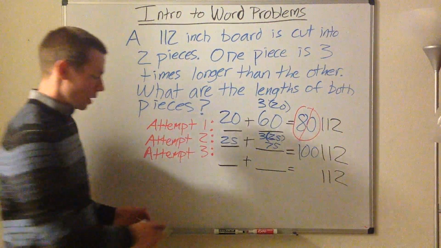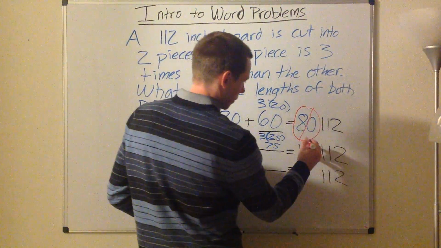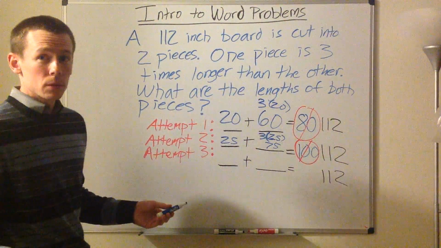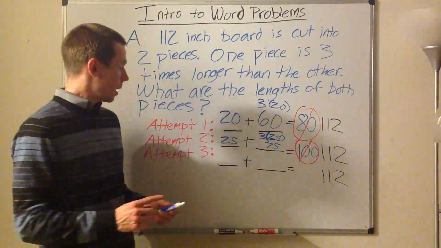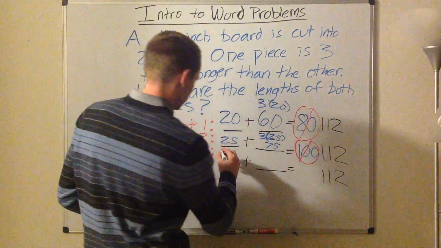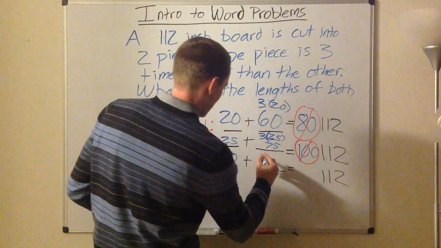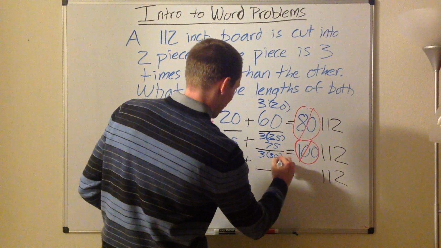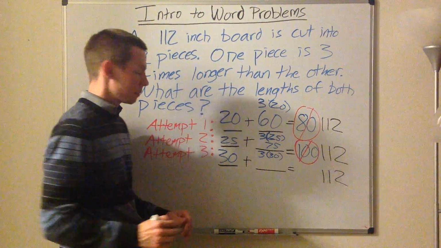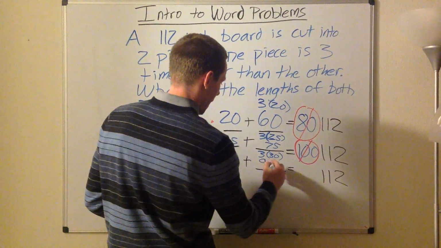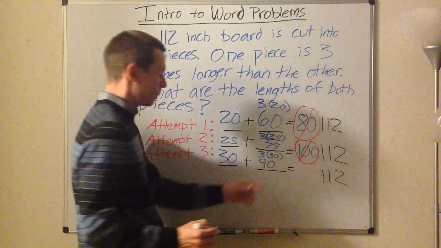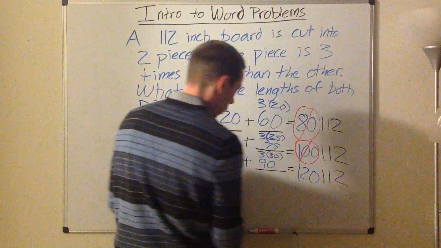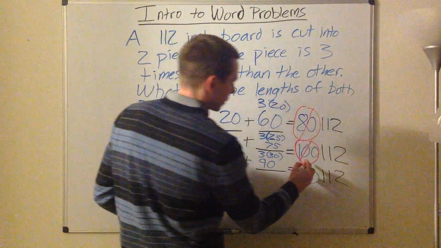Is that 112? No. I'm getting closer though. Let me try another number. Let me try 30. What's 3 times 30? 90. And 30 plus 90 is 120. So again, I'm incorrect.